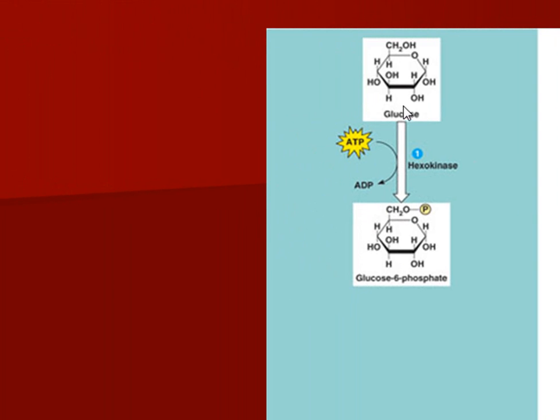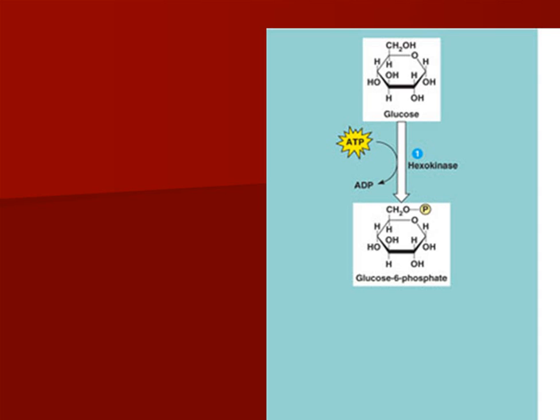Glucose is a 6-carbon sugar ring. It has the number 6 carbon sticking out on the outside of that ring. The very first chemical reaction that occurs is ATP releasing some energy in the form of that high energy phosphate bond through the help of an enzyme known as hexokinase.